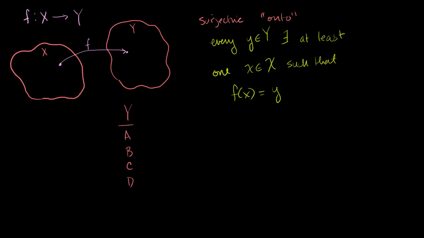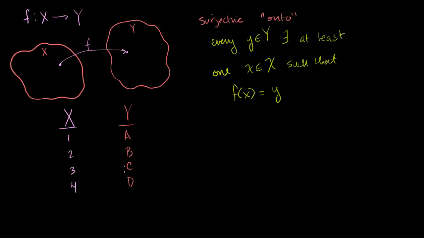And let's say my set x looks like that, and let's say it has the elements 1, 2, 3, and 4. Now, in order for my function f to be surjective or onto, it means that every one of these guys has to be able to be mapped to. So what does that mean?